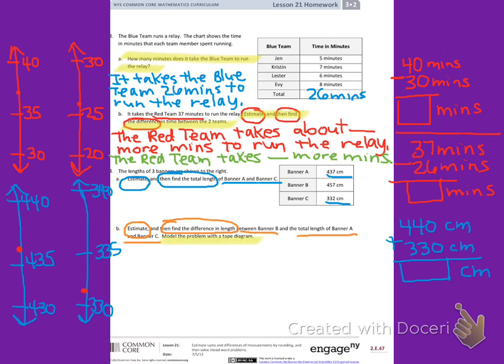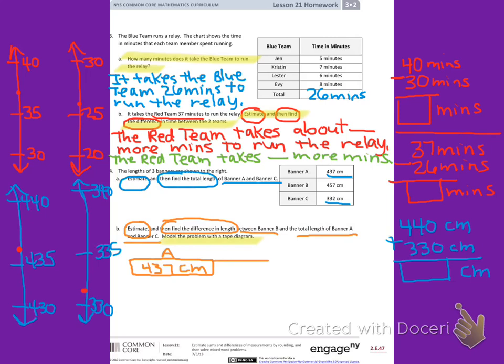I will help you with the tape diagram. First, I'll draw a rectangle for banner A and label that 437 centimeters. That's banner A. And I got that information from the chart above.